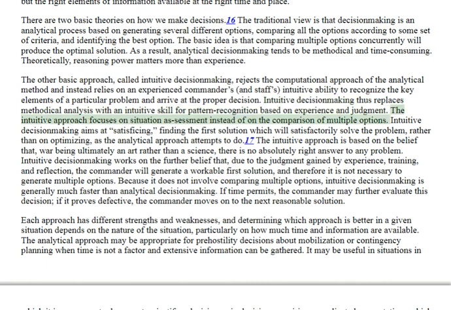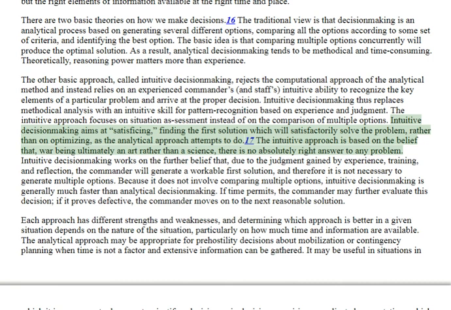The intuitive approach focuses on situation assessment instead of on the comparison of multiple options. Intuitive decision-making aims at satisficing, finding the first solution which will satisfactorily solve the problem, rather than on optimizing, as the analytical approach attempts to do.